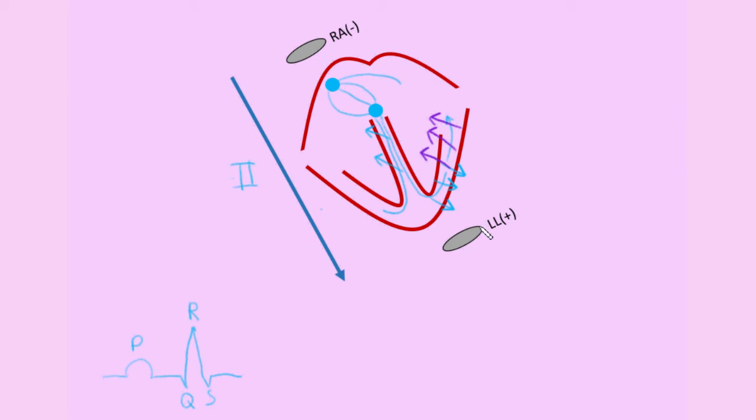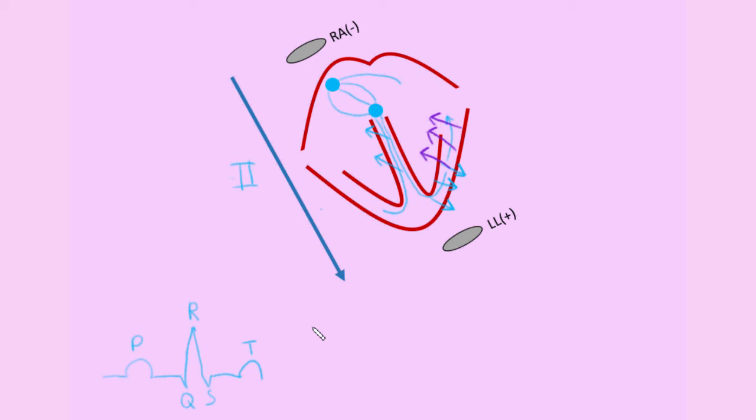However, we can think of repolarization as being the inverse of depolarization. So even though we're moving away from the electrode, in this case, we're going to get a positive wave on our EKG since it's repolarizing, giving us the T wave that we commonly see. And then after this, the cycle would repeat itself.